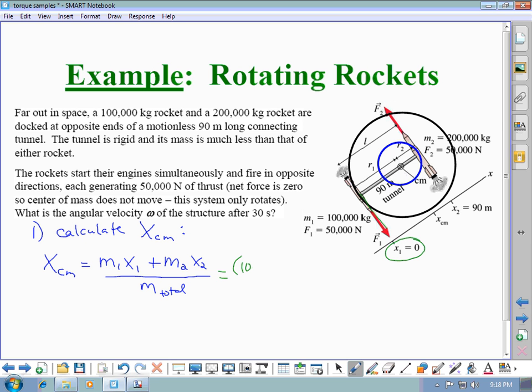So I have 100,000 kilograms times 0 plus 200,000 kilograms times its position of 90, divided by the total mass of 300,000 kilograms. This gives a position of the center of mass of 60 meters.